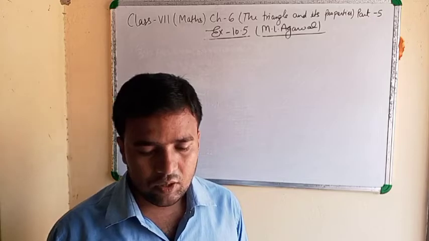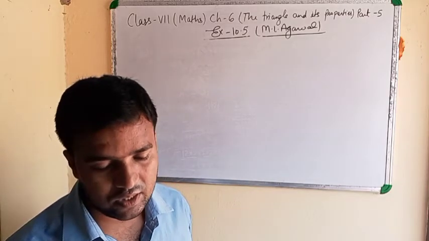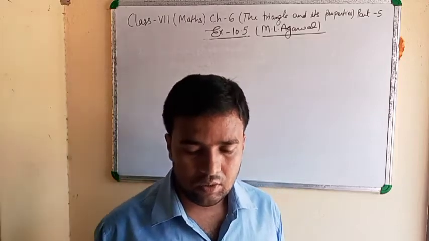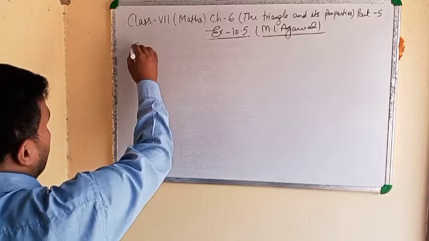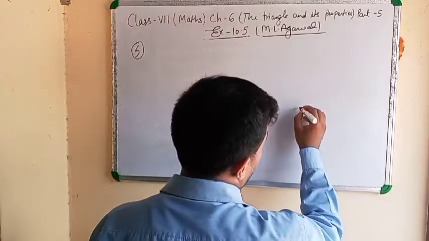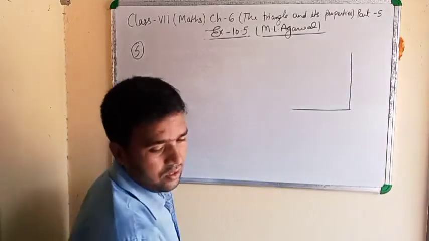A 15-meter long ladder reaches a window 12 meters high from the ground, placed against a wall. How far is the foot of the ladder from the wall? Question number 5. Clear? It is the ground and it is the wall.